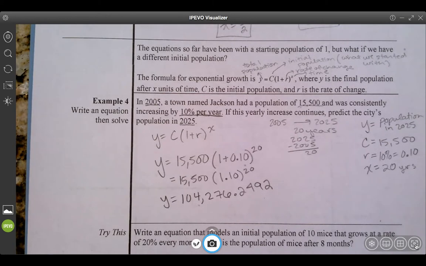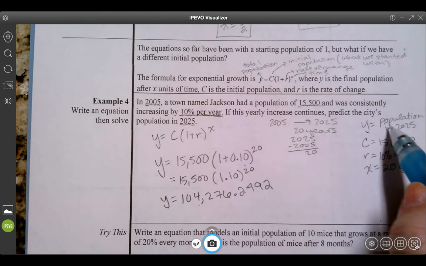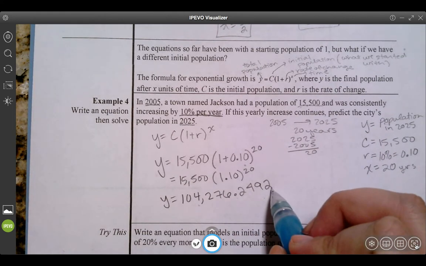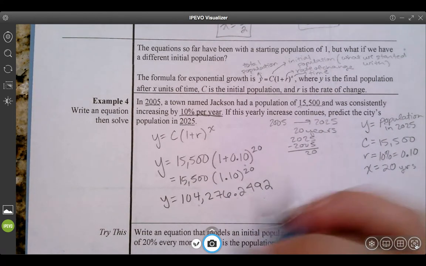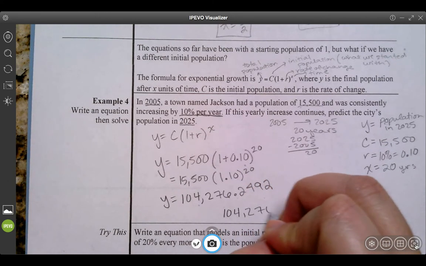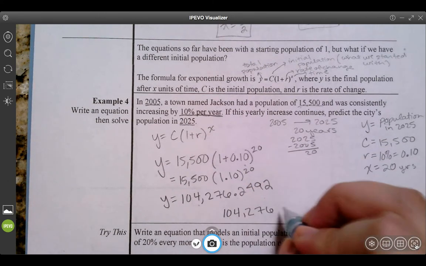And what does this number represent? This number is a population. Well, if I'm thinking about a population, I cannot have 0.2492 of a person in my population. And so I can say 104,276, .2 rounds down, people.